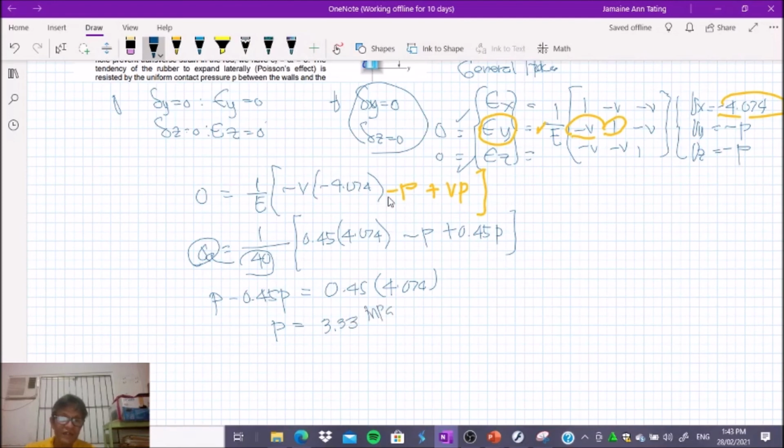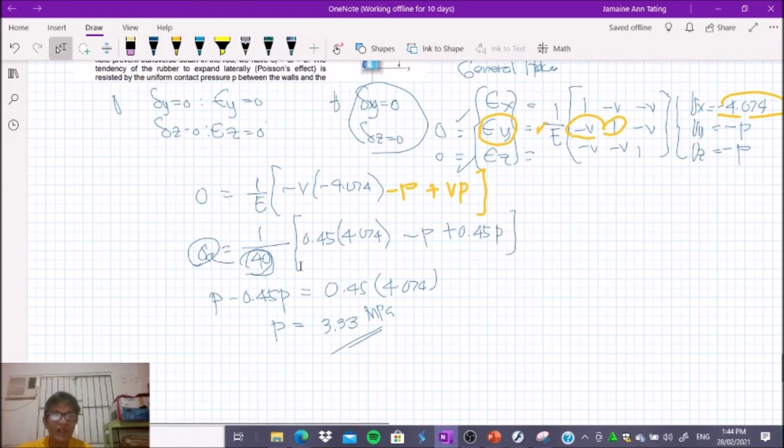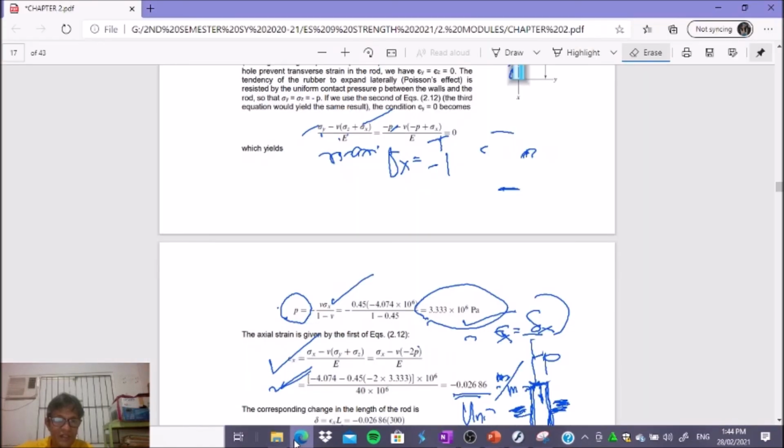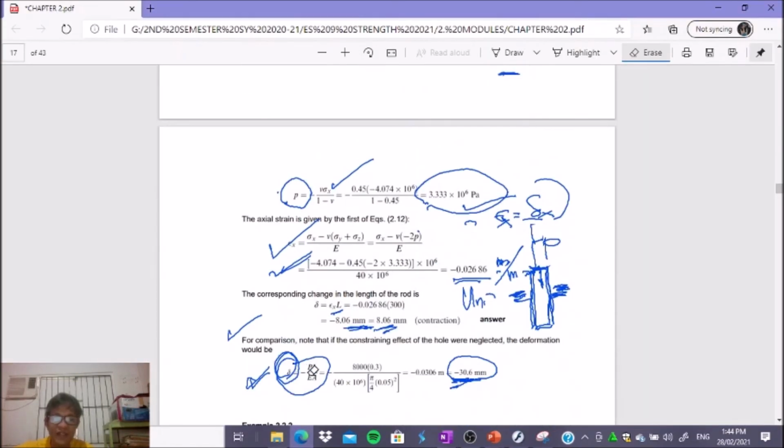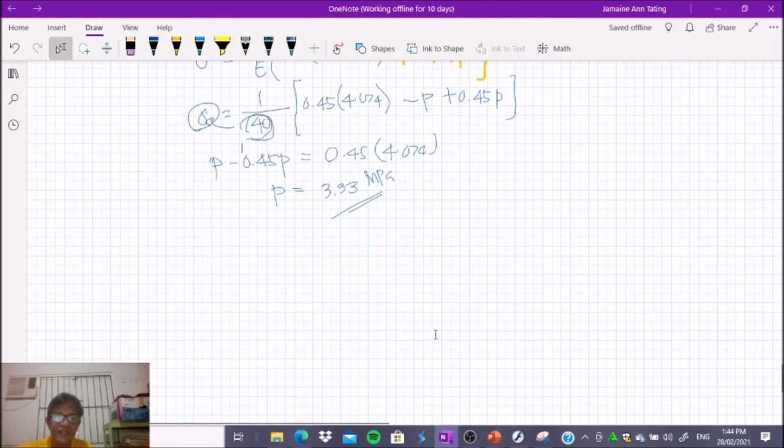Megapascal na ito. Megapascal ang unit natin because we have used here 40. What is the unit? Yes, megapascal. Okay. Now here, ang pinakita ko dito is pascal. Anyway, they are just the same. So 3.333 times 10 to the 6 pascal. And that is equal to this 3.33 megapascal.